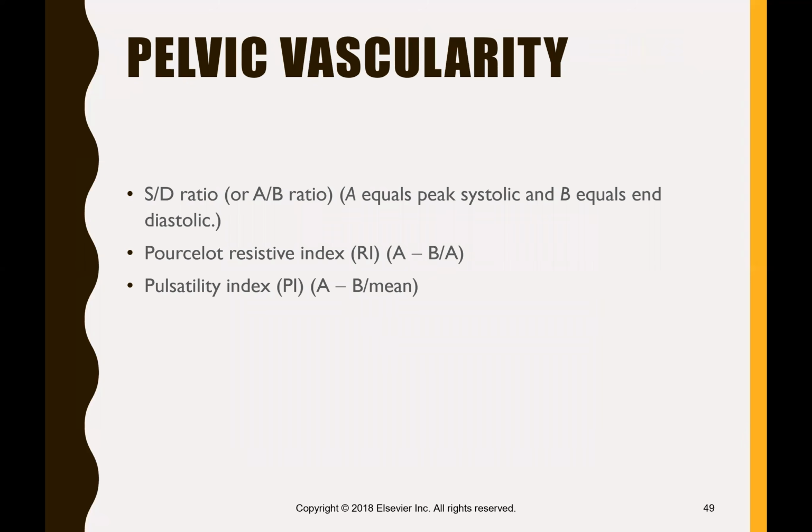So pelvic vascularity, we don't do too much with vascularity in general ultrasound. At the hospitals, you're not going to be Dopplering the ovarian arteries unless there's a concern for torsion.